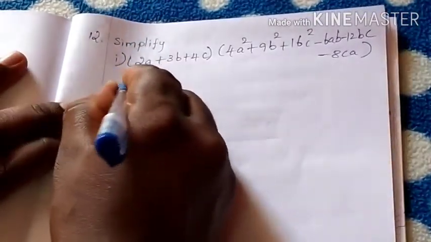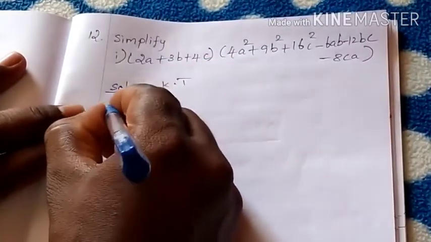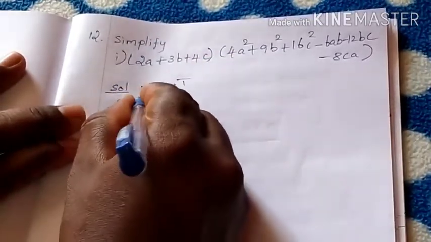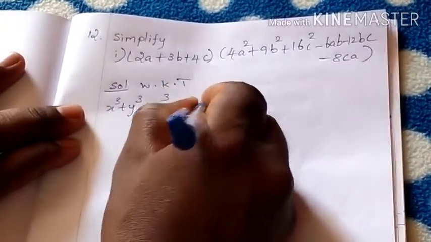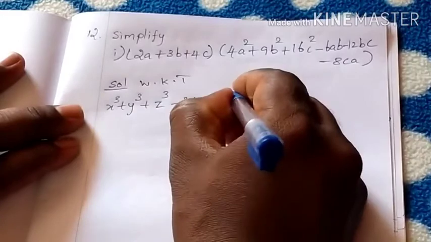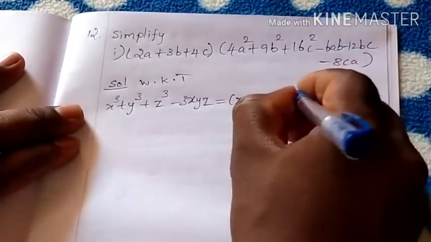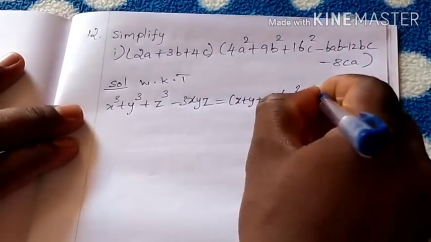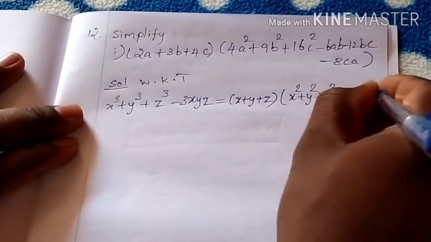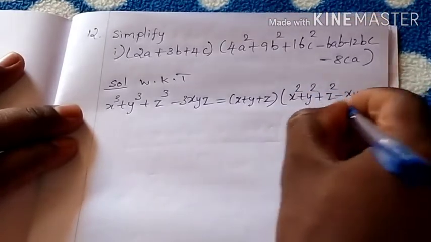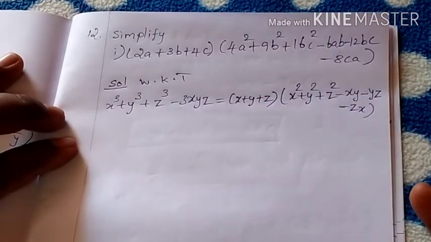The solution: we know that x cube plus y cube plus z cube minus 3xyz equals (x plus y plus z) into (x square plus y square plus z square minus xy minus yz minus zx). Okay, this is your formula.